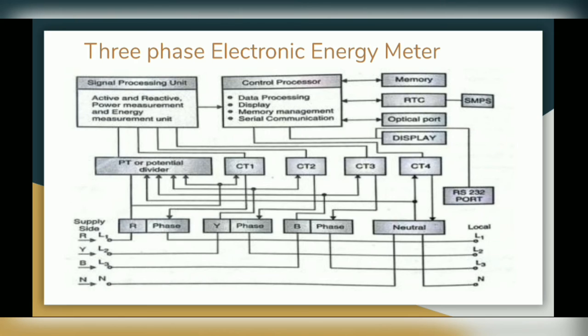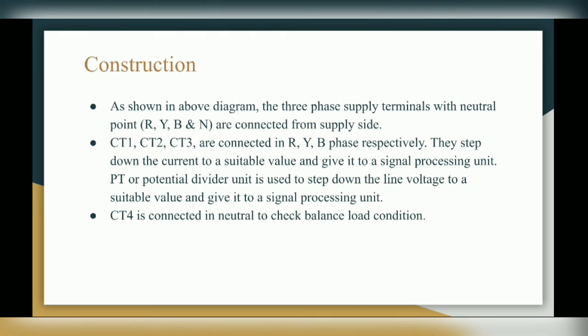And next is a memory, RTC, optical port, SMPS, display. There are some PTs and CTs, that is PT, CT1, CT2, CT3, CT4 and 3-phase, so R, Y, B and the neutral, 3-phase 4-wire system. So we will see each part and their function.